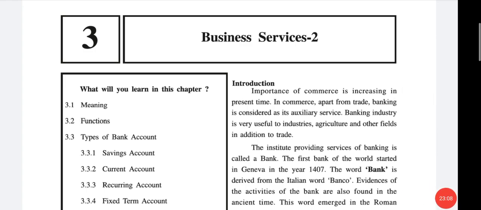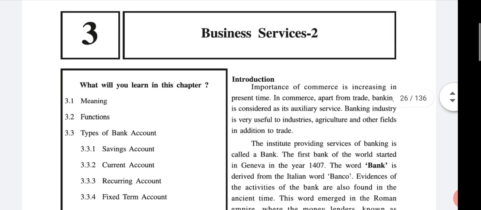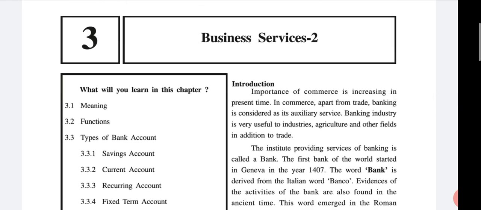Okay, so what will we learn in this chapter? I have told you. Now we start from the introduction.